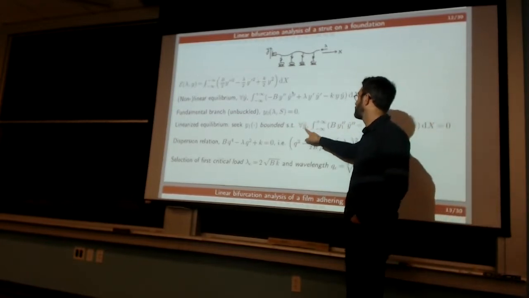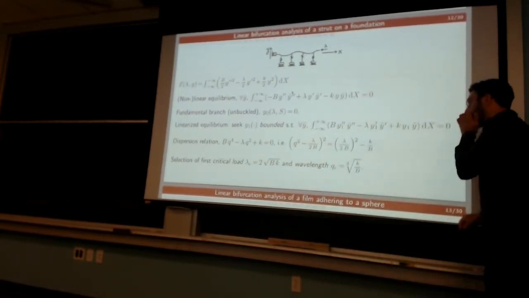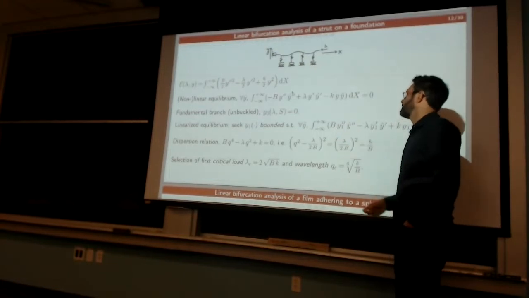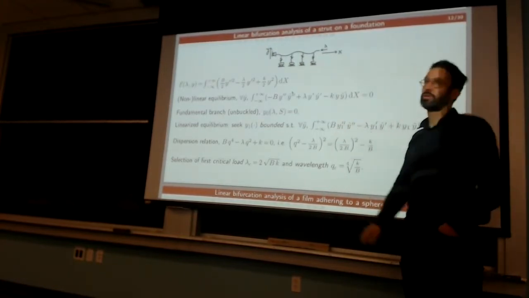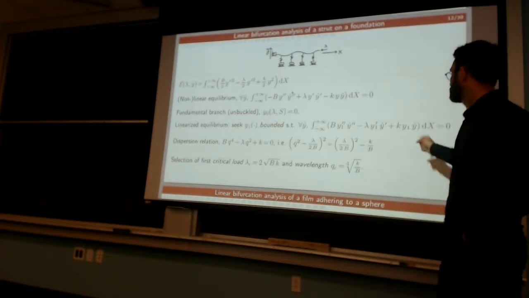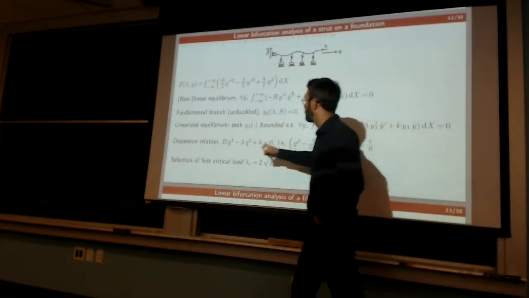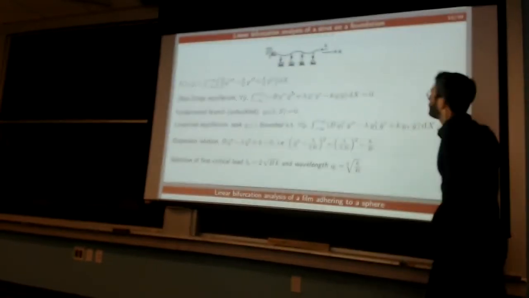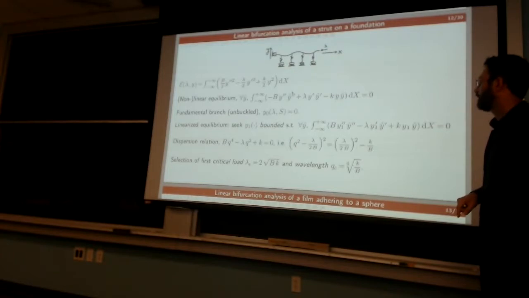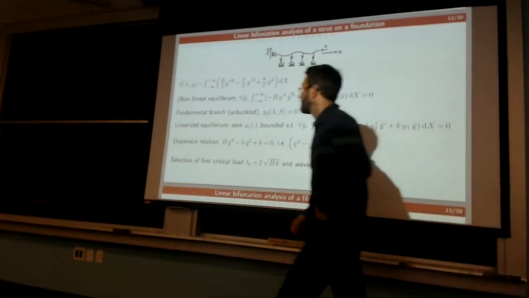Y hat is my virtual displacement, and I can eliminate it. Y hat is my mode, that's the eigenvector. And you get a fourth order ODE when you do that. It has constant coefficients, so you can derive from that a dispersion relation where Q would be the wavenumber in the x direction.